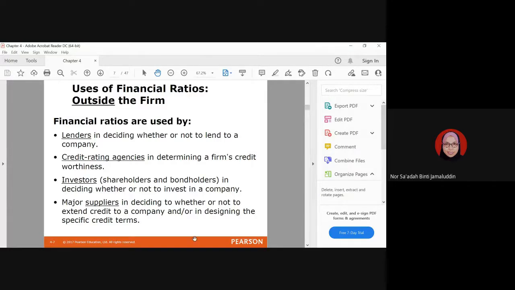Alright, major suppliers in deciding whether or not to extend credit to a company and or in designing the specific credit terms.